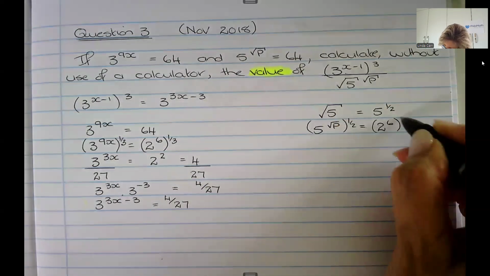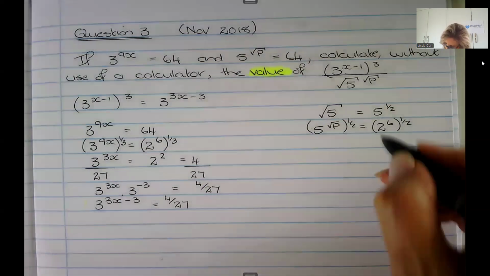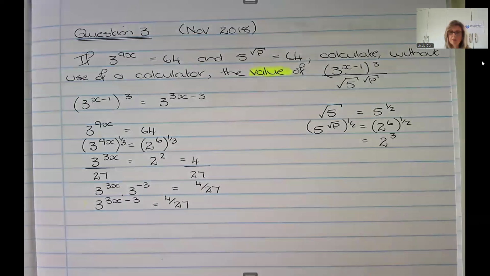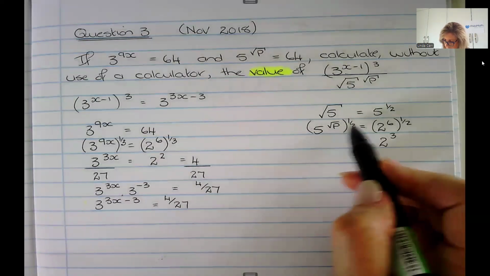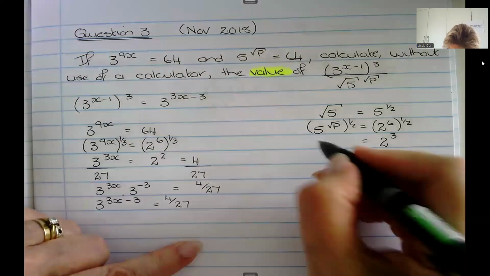Can you see I'm using exactly the same technique twice over here? So on the right, I've got 2 to the 3, 2 cubed. On the left, these are multiplying together, but there's no rule that says that the order has to look like this for multiplying.